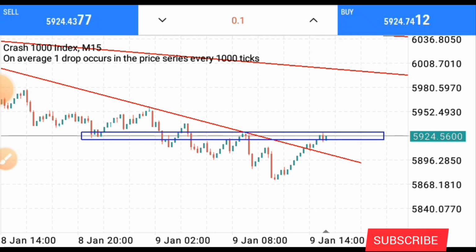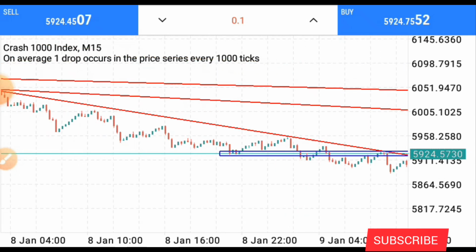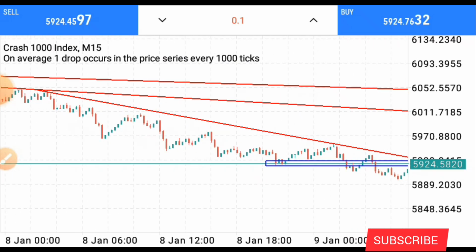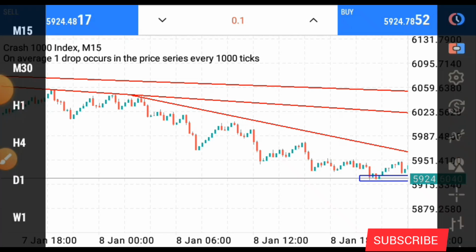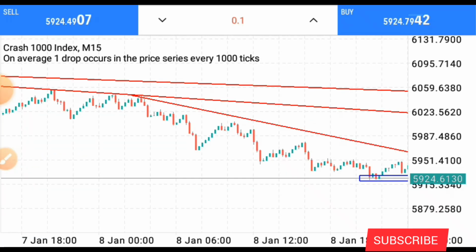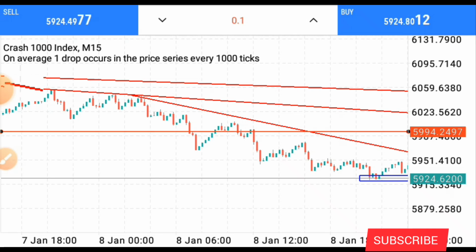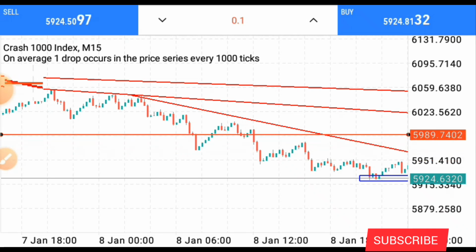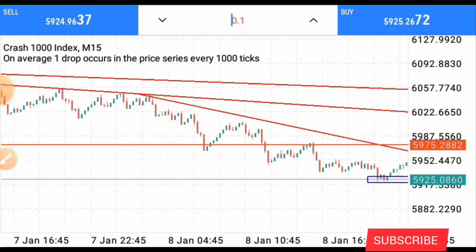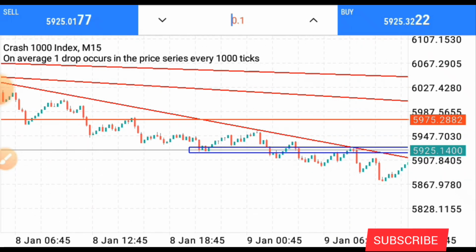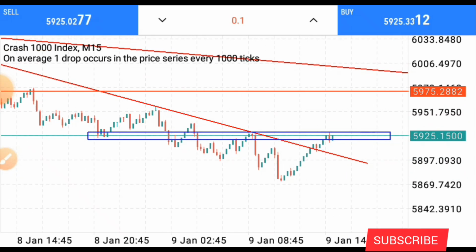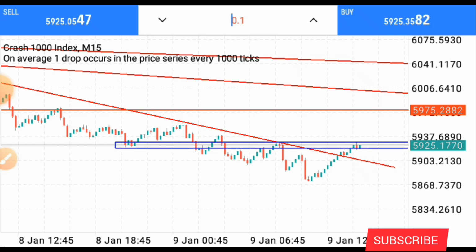Here on the trend line again, I can still spot some support and resistance zone. There is still another support and resistance zone above there. So guys, as you can see right here, before our trend line above there's a support and resistance zone that price will need to break above before getting to the trend line.